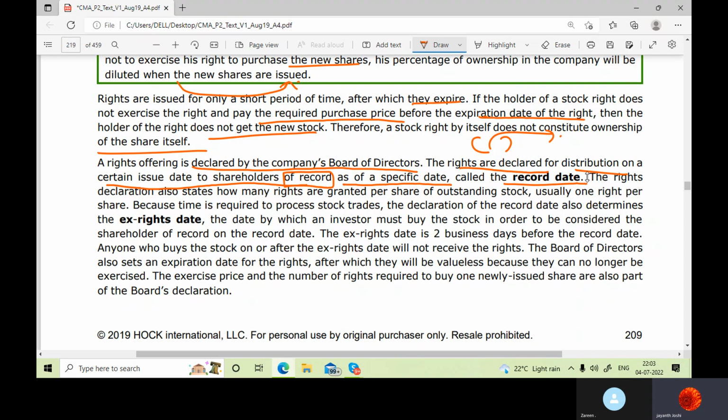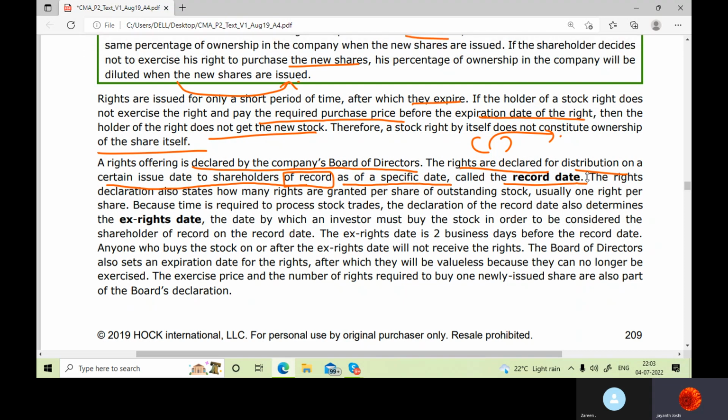Okay, so on some date when the rights issue is done, to whom is it done? To the shareholders of record as of a specific date, and that date we call the record date. On that date they are recording that these many people will get the rights. So the rights are declared for distribution.